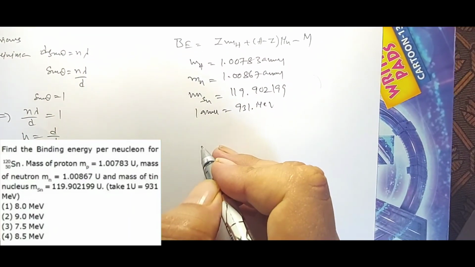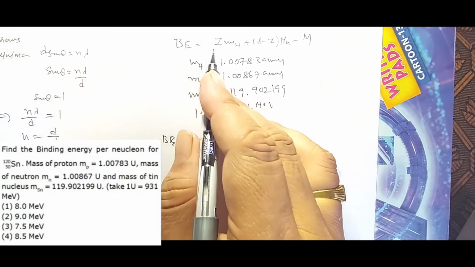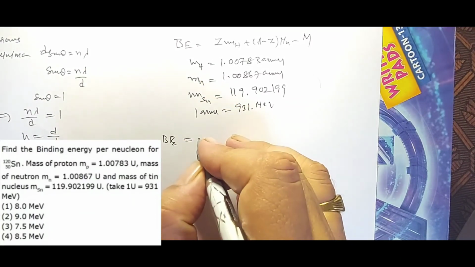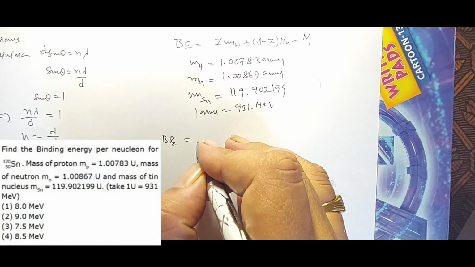Now let us solve this problem. Binding energy is equal to Z. Z is the atomic number, 50.